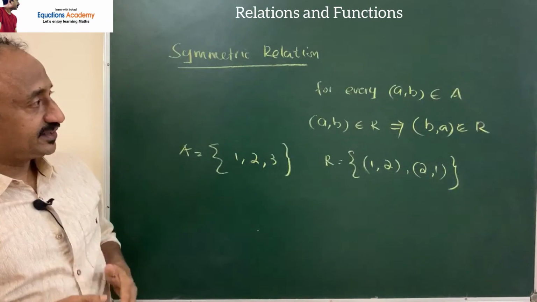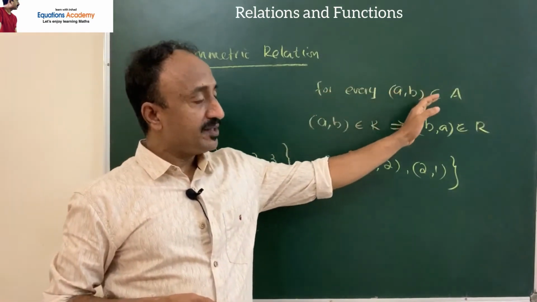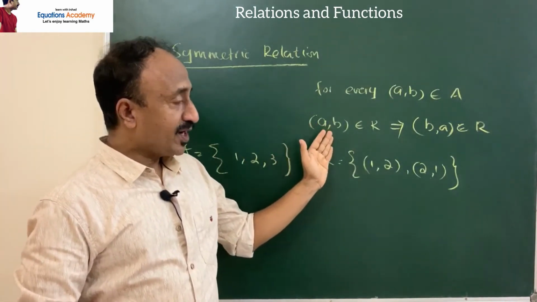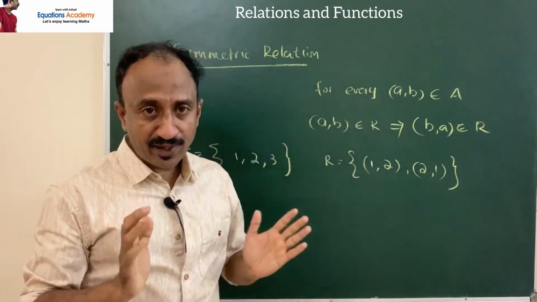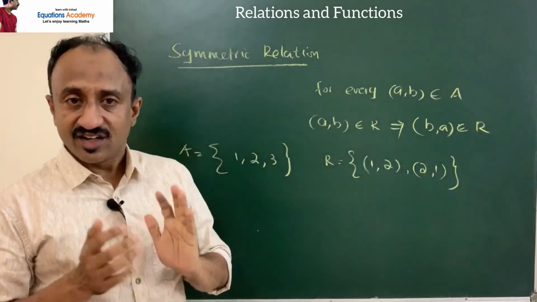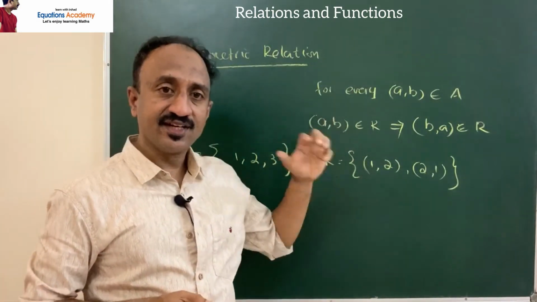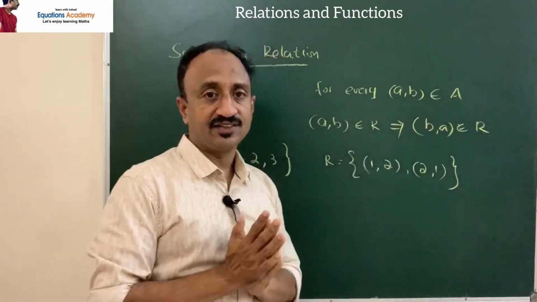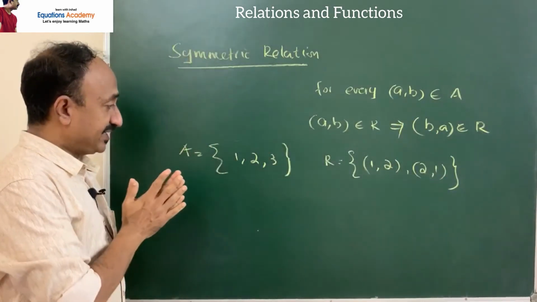Let's learn symmetric relation now. Symmetric relation is: for every (a, b) belonging to the given set A, (a, b) belongs to R implies (b, a) belongs to R. If (a, b) is there in the relation, then (b, a) also will be there in the relation. Let's see with an example.